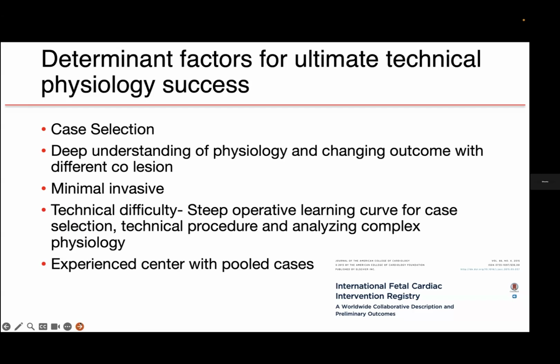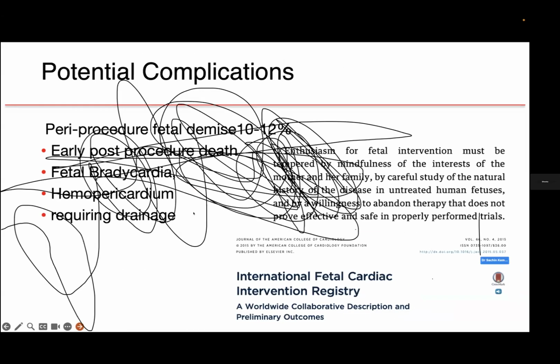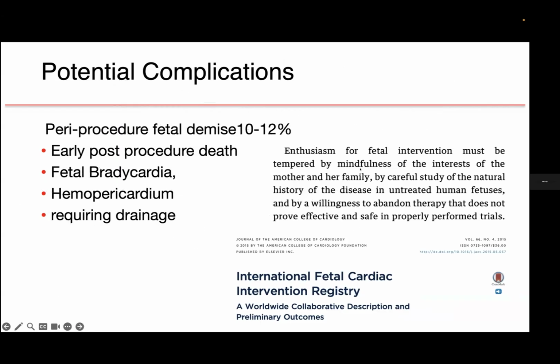So the experienced center, which has pooled cases, a best selected case, may have a really good outcome, as we can see. So the potential complications can be perioperative fetal demise, which can be up to 10%, early procedural death, which is 10 to 15%, fetal bradycardia, hemopericardium, which might be requiring drainage.